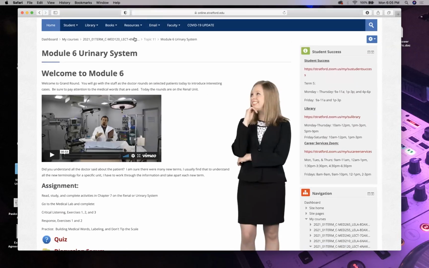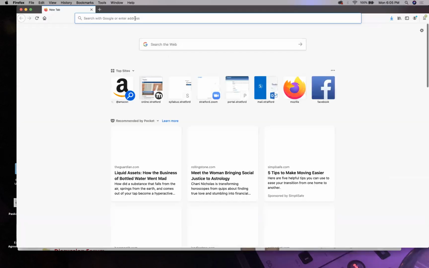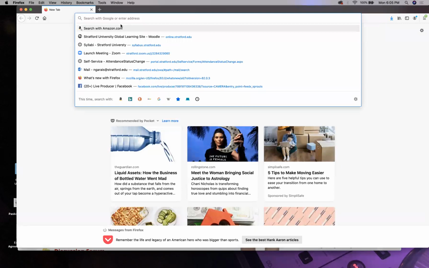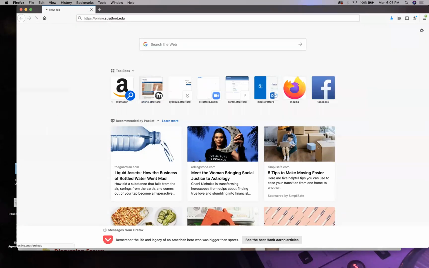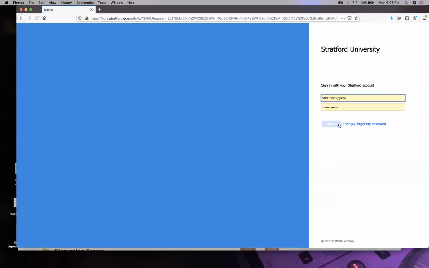So let's go now to, why do I always open the wrong thing? For those of you who are on a Mac, for your medical language lab, for whatever reason, Safari is not friendly for medical language lab and your textbook.